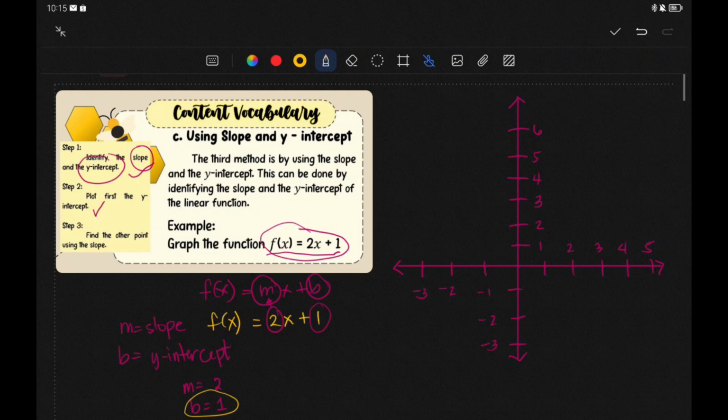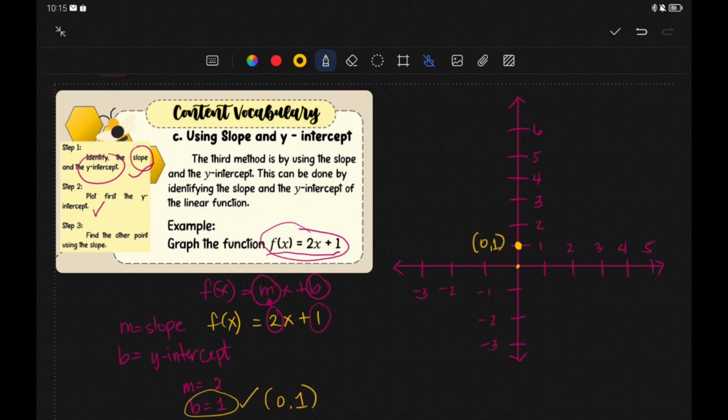Now let us plot the y-intercept. So this is 0 and positive 1. So this is our 0 and this is our positive 1. So here is the location of our y-intercept.